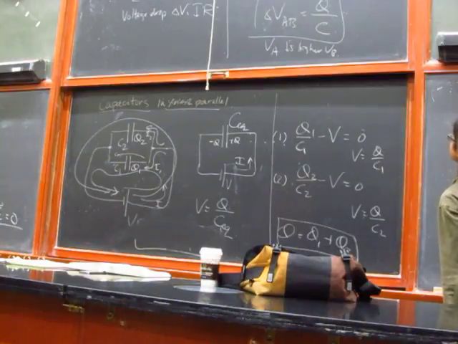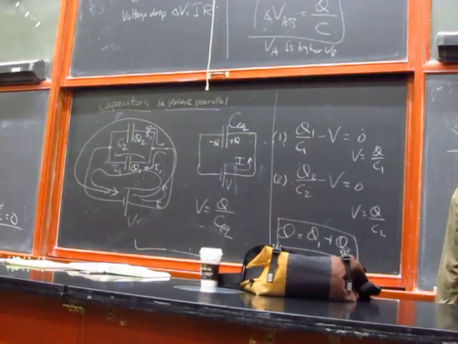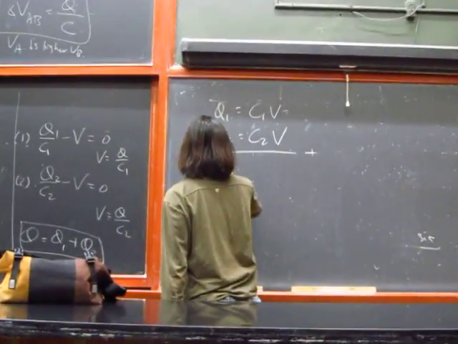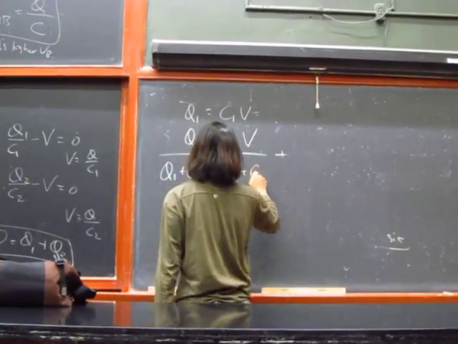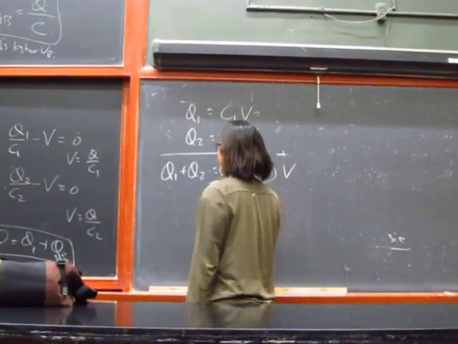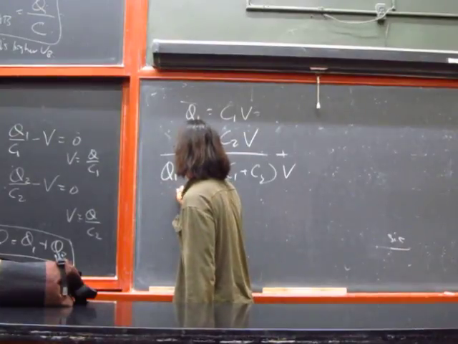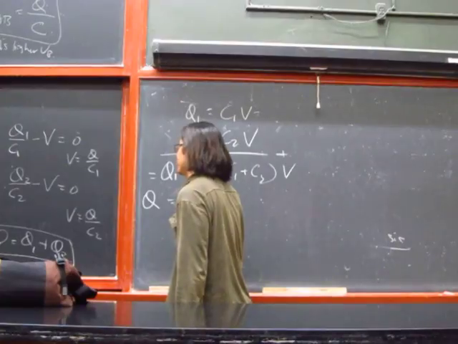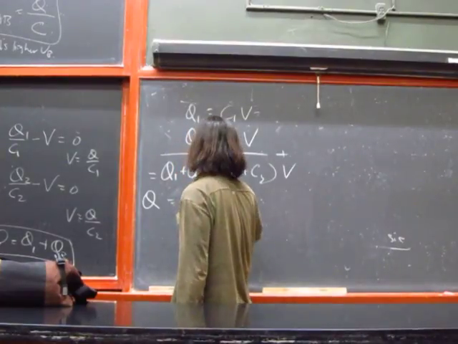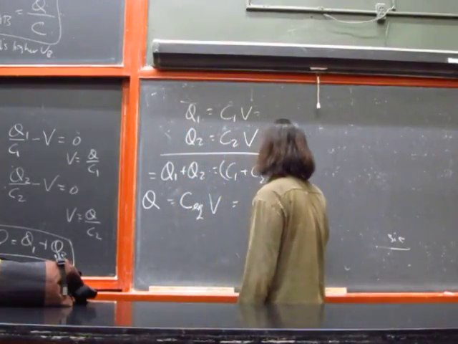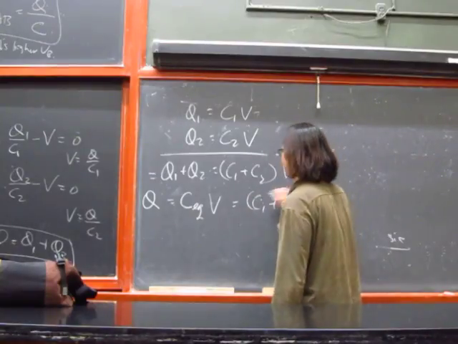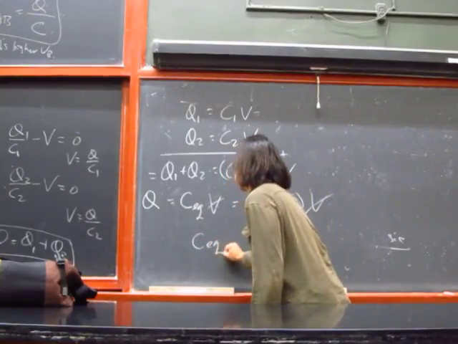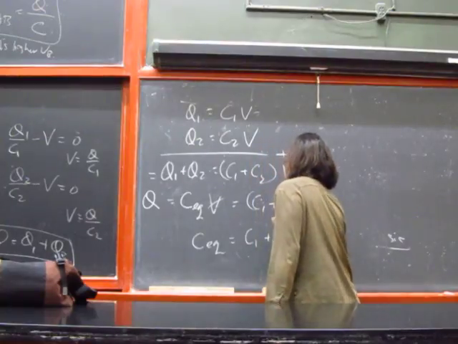But Q1 is equal to C1 times V, Q2 is equal to C2 times V. You sum them: Q1 plus Q2 is equal to (C1 plus C2) V. And this is equal to Q, which is equal to C equivalent times V. If we cancel, the equivalent capacitance becomes C1 plus C2.